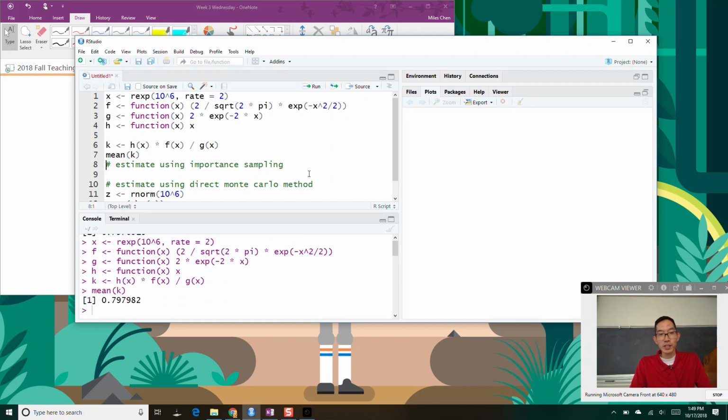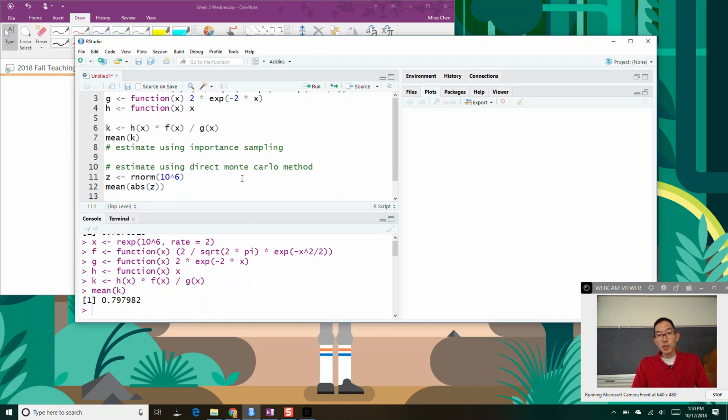Okay, I run this, and this is my estimate using importance sampling, and then the estimate using the direct Monte Carlo method, which is random normal and then taking the absolute value, basically folds the distribution.